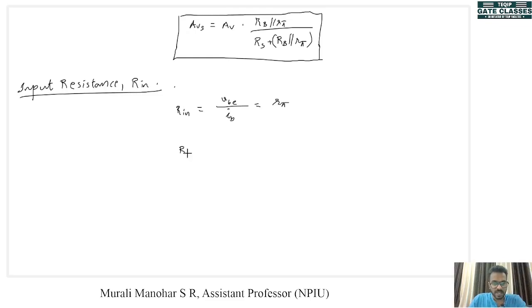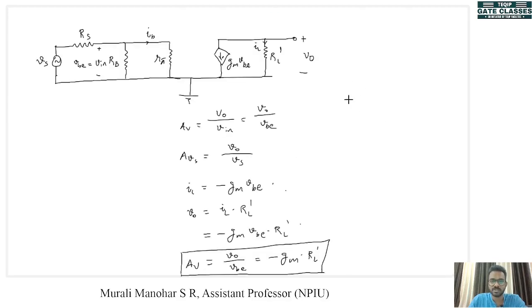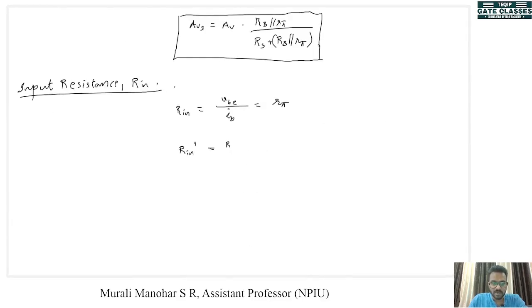Now we can also write Rin dash. If you look at the figure, you can see that Rin dash is nothing but the parallel combination of these three resistances. That is R1 parallel R2 parallel R pi.